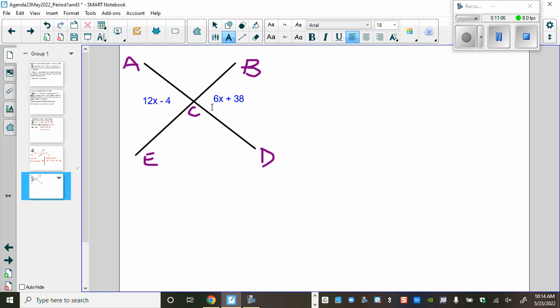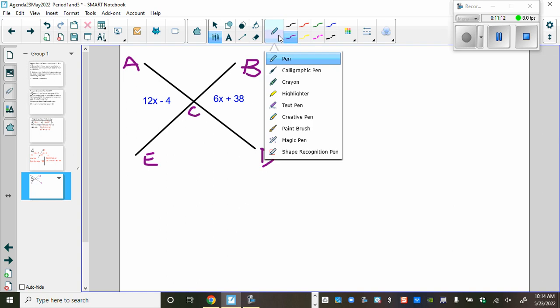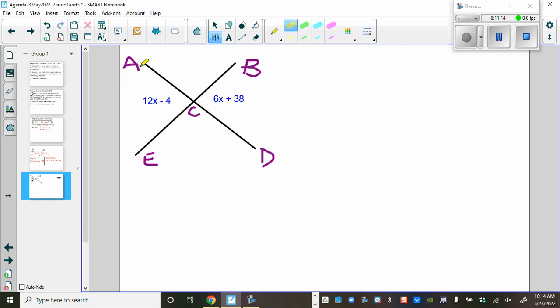And here's angle ACE. Again, some of us are still confused on how to label our angles. So here's A, C, E, and B, C, D.